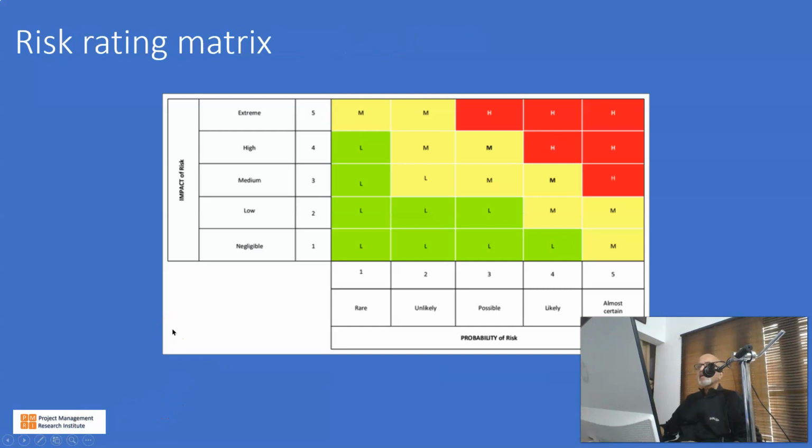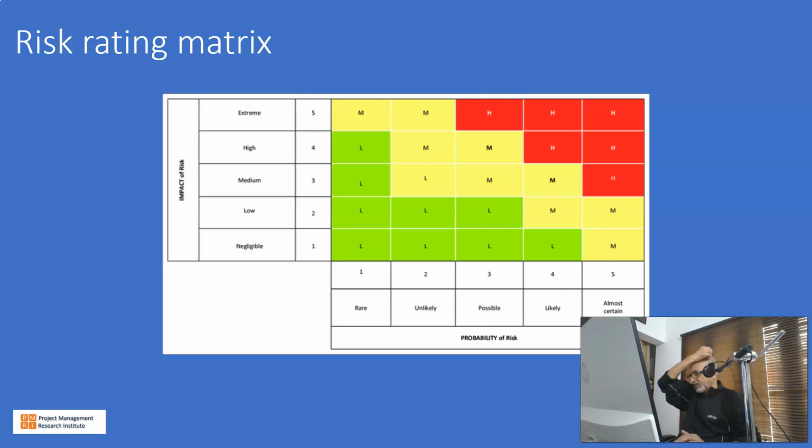And this is an example of a risk rating matrix. So we have the probability scales here. 1 means rare, 2 means unlikely, 3 means possible, 4 is likely, and 5 is almost certain that this risk will occur. And here the impact of the risk, 1 means negligible, 2 is low, 3 is medium, 4 is high, and 5 is extreme.